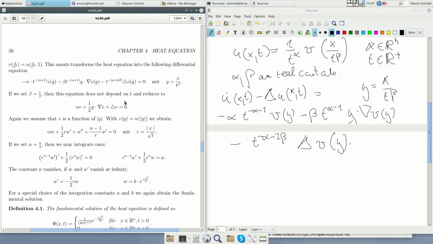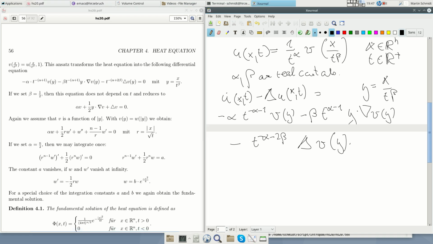Now we see this should be 0, the homogeneous heat equation. We first look for the homogeneous equation. And if we set beta equal 1/2, because then all these 3 factors are the same, they cancel.